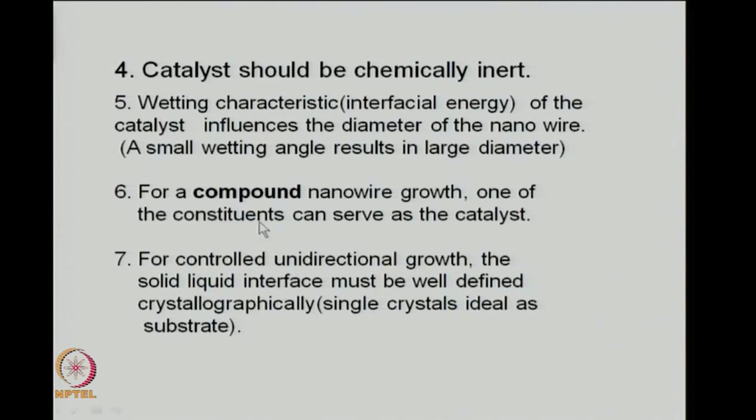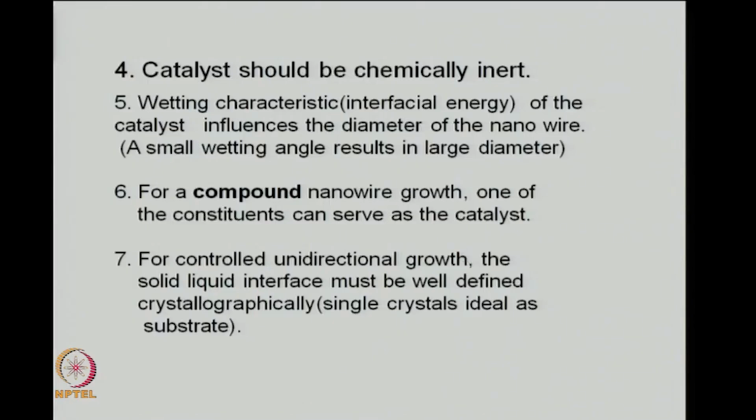Now, if instead of a metal you want to grow a compound nanowire, that means you have a material with two elements A, B, then one of the constituents, say A or B, can itself serve as the catalyst. If you are trying to grow only a monoelemental material, which has only one element like silicon, then you need another material as a catalyst, which may be gold or platinum or something like that.